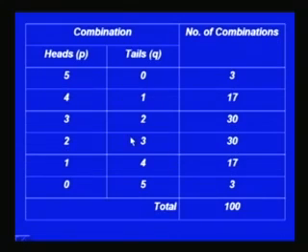Here we can see the combinations that we receive after 100 tosses: 5 heads and 0 tails were found 3 times, 4 heads and 1 tail 17 times, 3 heads and 2 tails 30 times, 2 heads and 3 tails 30 times, 1 head and 4 tails 17 times, and 0 heads and 5 tails 3 times.